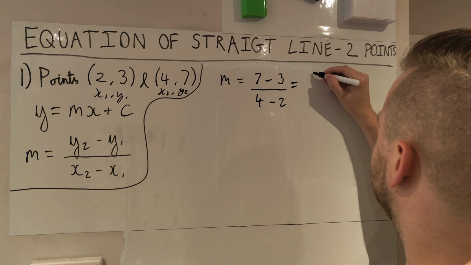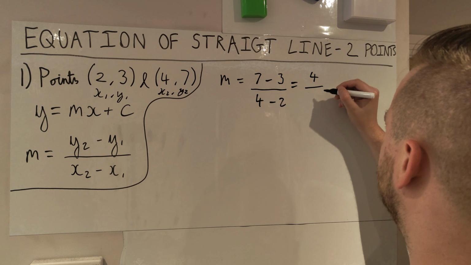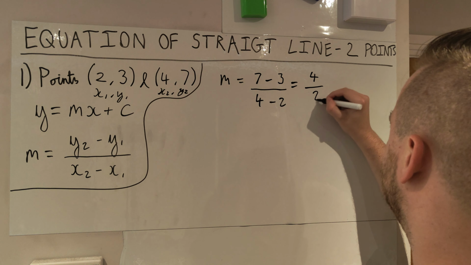So 7 minus 3 is 4, divided by 2. Looks like we're going to get a nice, easy gradient here. 4 divided by 2 is 2. So m is equal to 2. So y is going to be equal to 2x plus c.